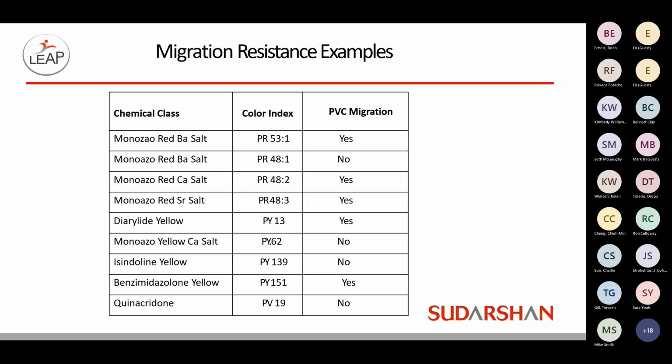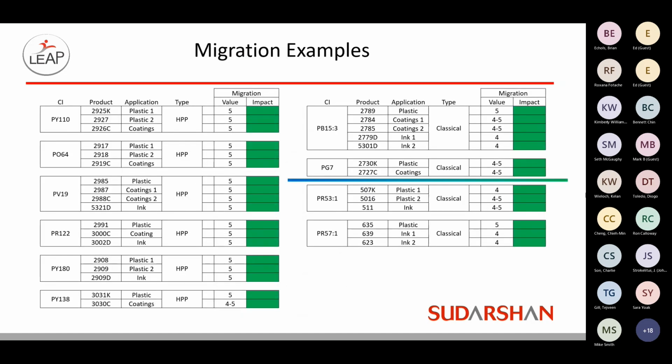However, the chemistries and products that we've chosen in this particular study all had a very good response to migration. So there's not really a good correlation here in the chemistries that we've chosen in this particular example.